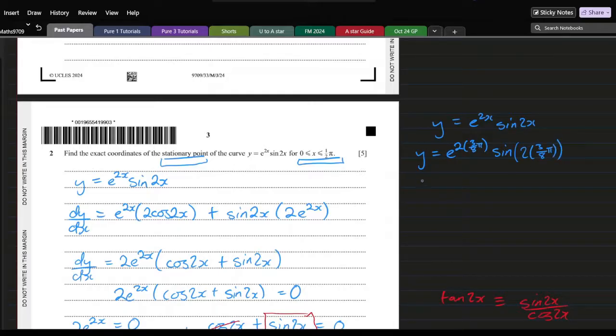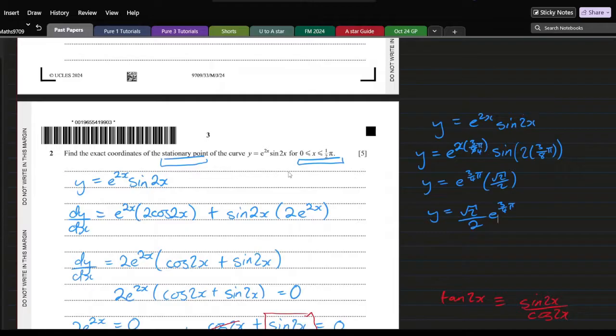Here we'll end up with e to the 3/4 pi, and then let's evaluate sine of 6/8 pi. That gives us √2/2. So y is equal to √2/2 e to the 3/4 pi.